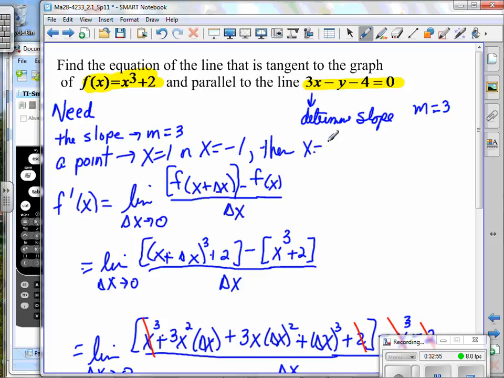If x is 1, f of 1 is what? 3, because 1 cubed plus 2 is 3. If x is negative 1, what's f of x?